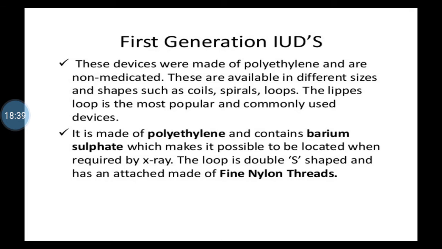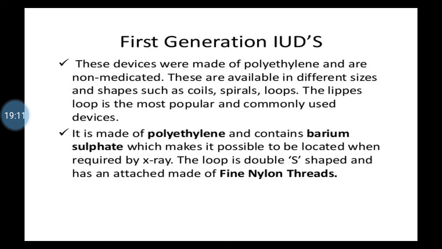Now there are three types, as I said: first generation, second generation, and third generation. We will discuss hormonal contraceptives later on, but these are about the IUDs, and many times the question is asked, write a note on IUDs, that is intrauterine devices. So first generation devices are made up of polyethylene material. They are non-medicated.